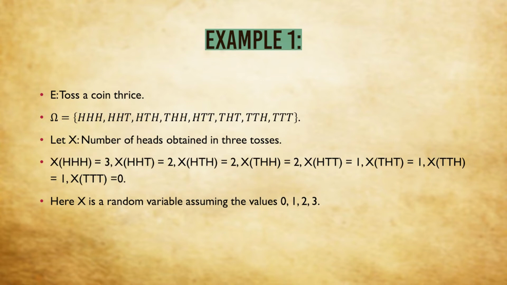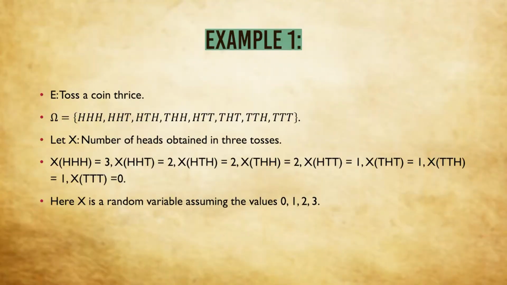When the outcomes are HHT or HTH or THH, what will be the value of x? x will be equal to 2. So, x will be equal to 2 for 3 outcomes. Similarly, x will be equal to 1 when the outcomes are HTT or THT or TTH. Finally, x will take up the value 0 for the outcome TTT. So we can see the variable x can take up the values 0, 1, 2 and 3.